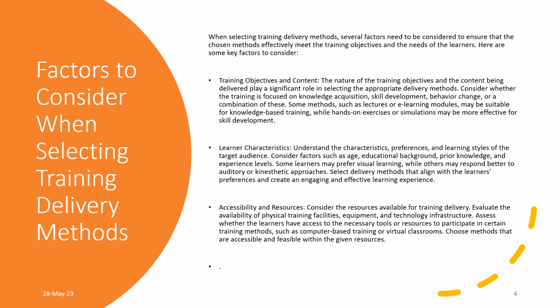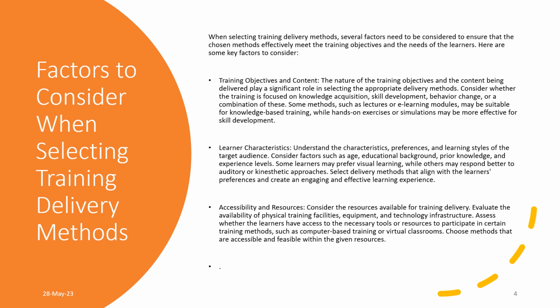The nature of the training objective and content plays a significant role in selecting an appropriate delivery method. Some methods such as lectures and e-learning modules may be suitable for certain types of knowledge-based training, while for certain hands-on activities you may want to have demonstrations or simulations that can provide skill development.